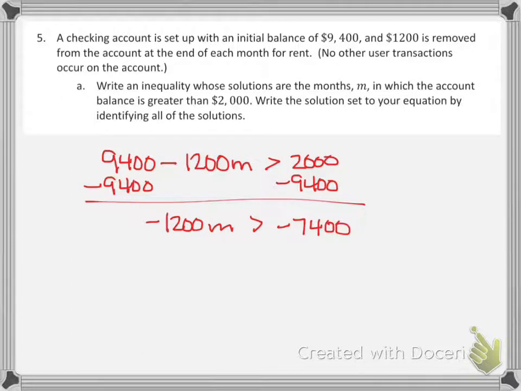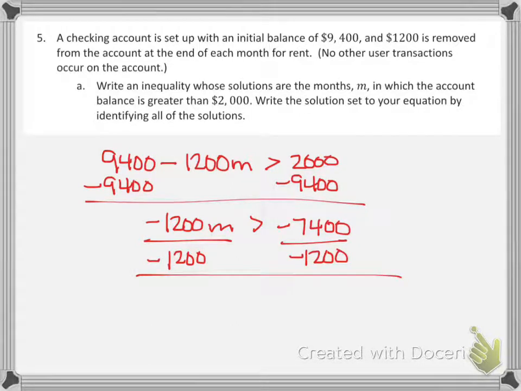And then, look, I'm going to divide by a negative. And we have to remember that when we divide by a negative, we flip the inequality sign. So this happens. M is less than 7,400 divided by 1,200.